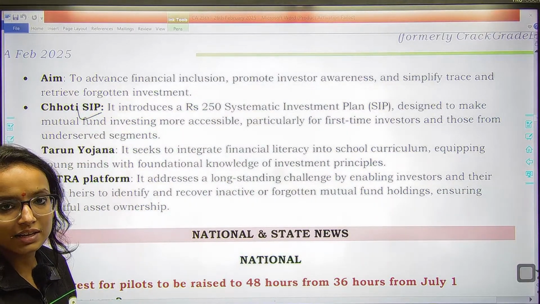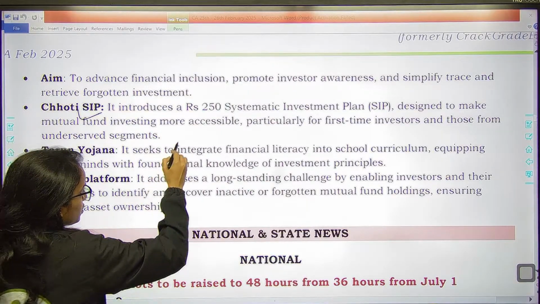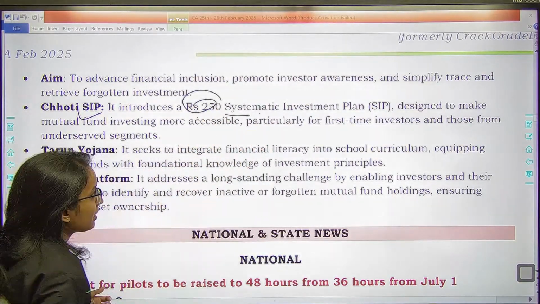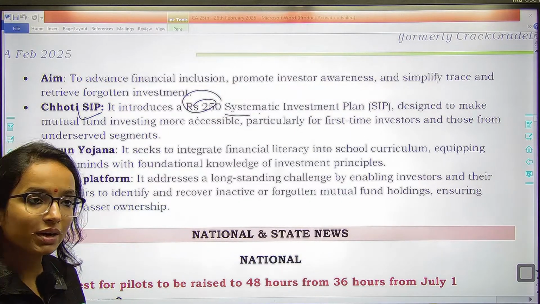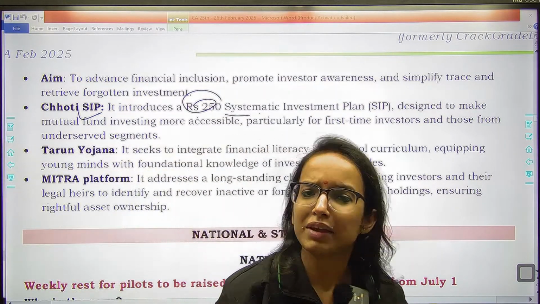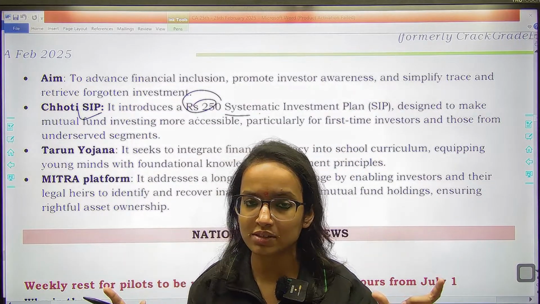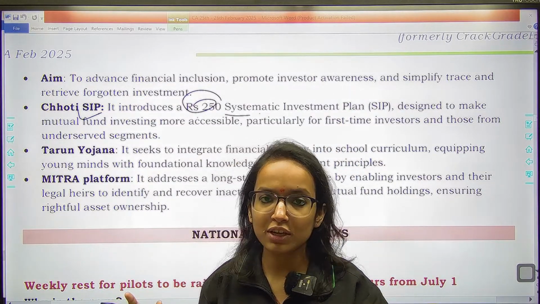Small ticket size of the SIP. It introduces rupees 250 SIP. Particularly, this is for those who are coming from underserved segments, those who don't have enough to afford large ticket size SIPs, so they can also participate.